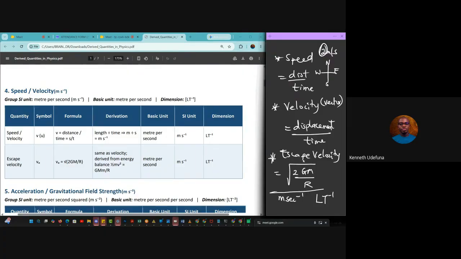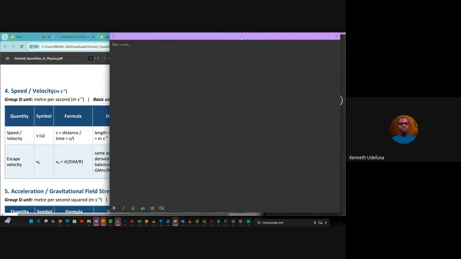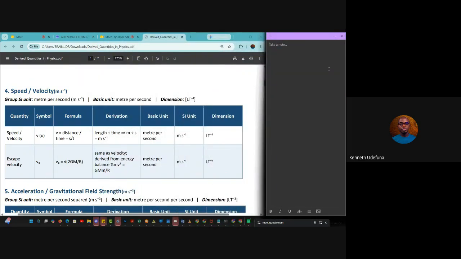Okay, let's quickly go over to the family of acceleration. The next category we are going to talk about, which is the 5th one, is the family of acceleration: acceleration, gravitational field strength, or gravitational field intensity.